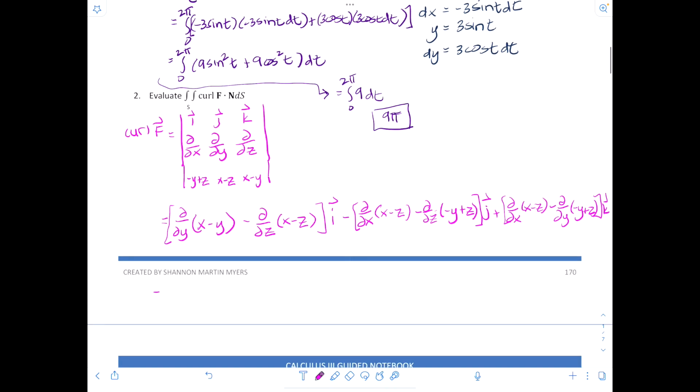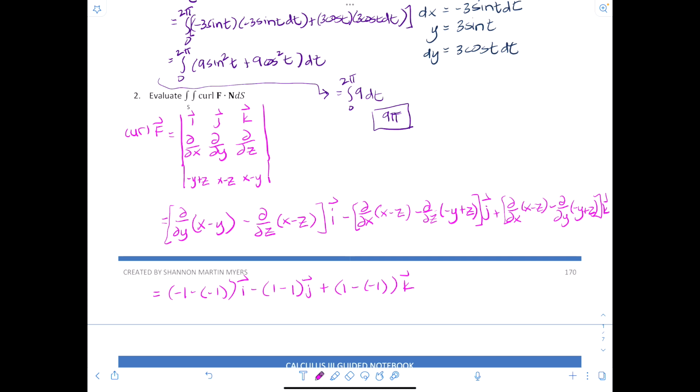And this in turn will be, let's see, we'll get negative 1 minus negative 1 times i, minus 1 minus 1 times j, and then 1 minus negative 1 times k.